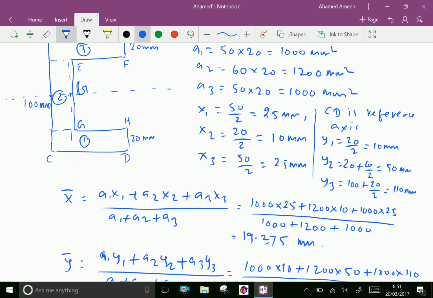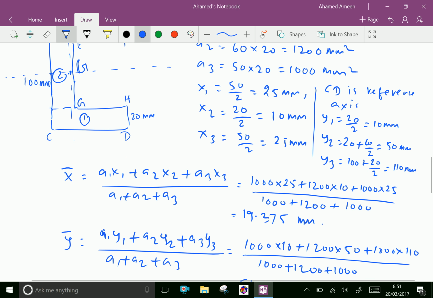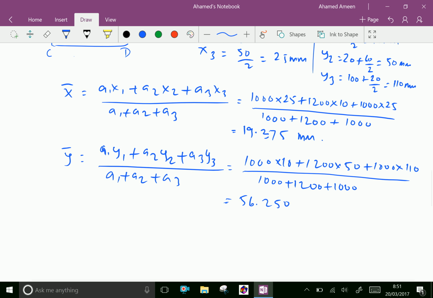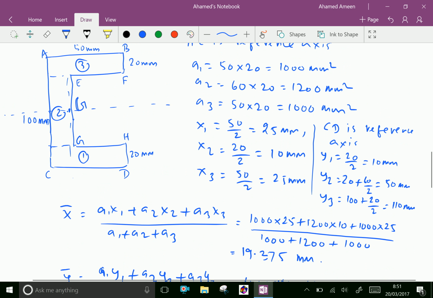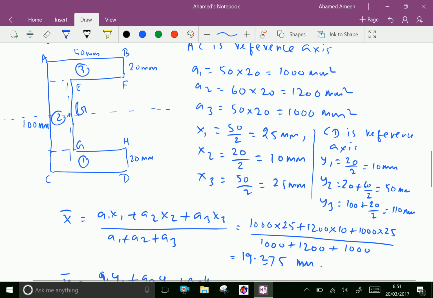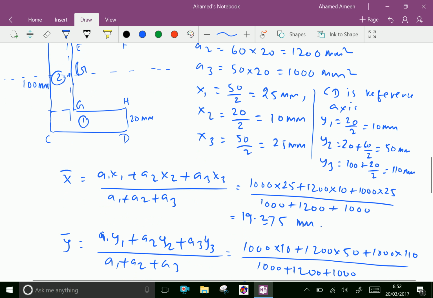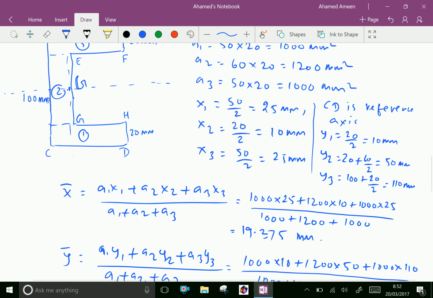The point G. Now instead of calculating y bar by the long method, we can simply say, because there are equal areas on both sides of this center line, the center of gravity must be 50.